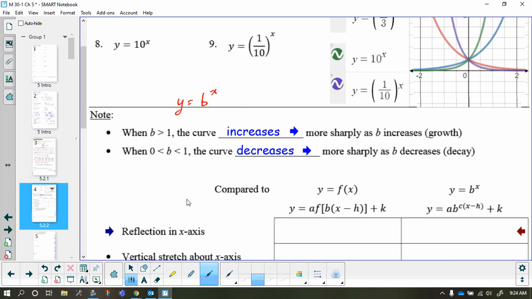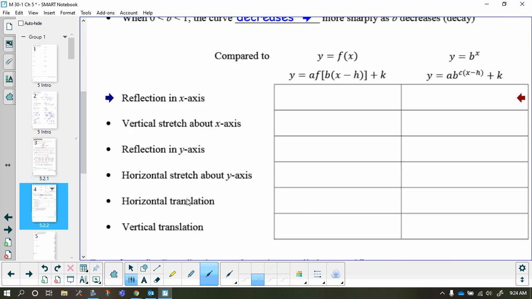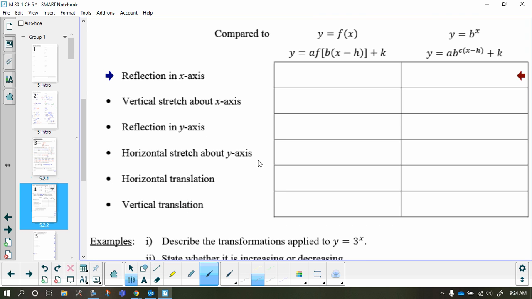We have looked at this many times in this course. So here, first of all, in this first column, we have that standard generic function where y equals f of x. What do the a, the b, the h, and the k do to our function? Well, why don't you pause the video here and complete this first column. And you may want to complete the second column because it's basically the same idea, but notice I've changed some letters.